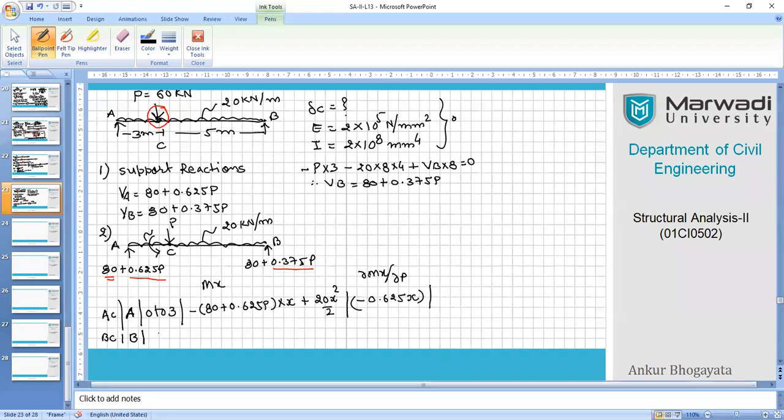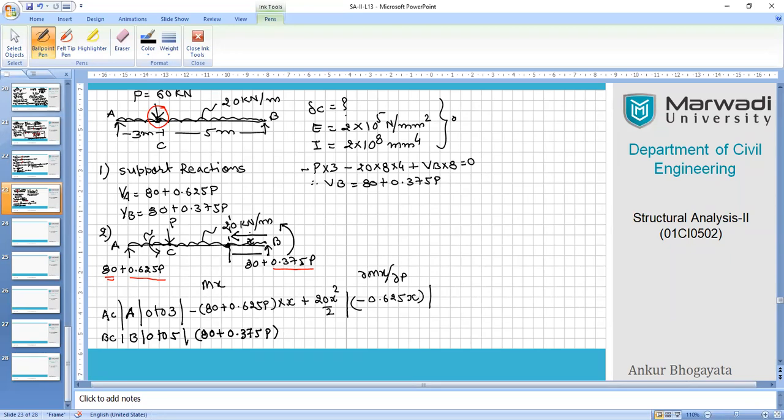So now let's consider this portion. So from B we have to come here like this, and we are standing right now at an intermediate point. So this is the force and that's the distance, so it will give us anti-clockwise moment. So the length will be 0 to 5 in this case. Now we have 80 plus, let's say, 0.375 P. All right, so that is anti-clockwise moment over here, right?